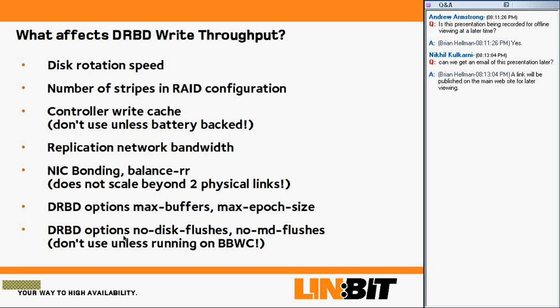The replication network latency basically depends on the data link layer protocol that's being used. As we'll see shortly, Gigabit Ethernet is actually, in some configurations, comparatively slow. Then again, the DRBD options no disk flushes and no MD flushes, for the same reasons as discussed earlier, and also the activity log size.